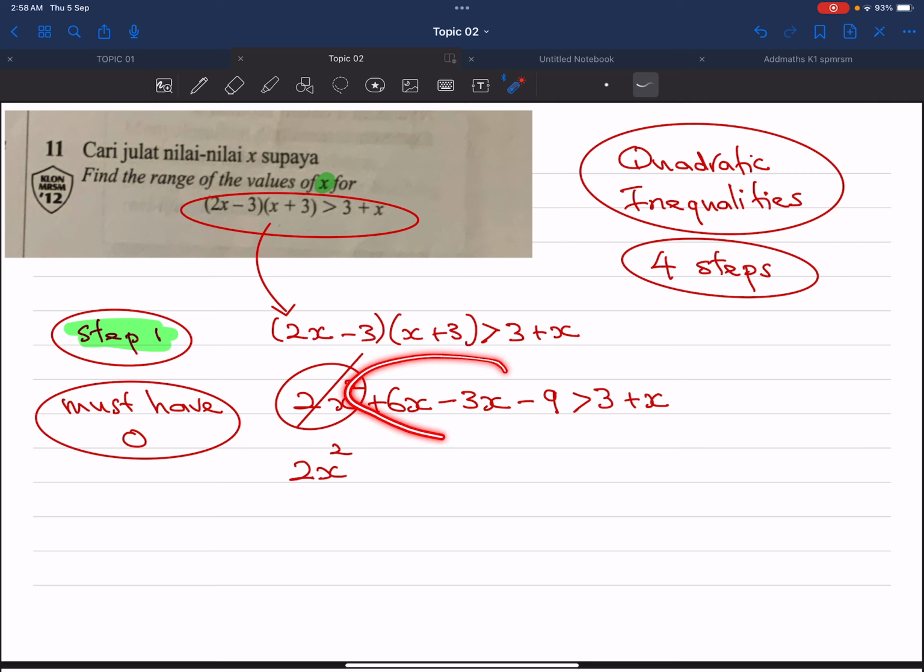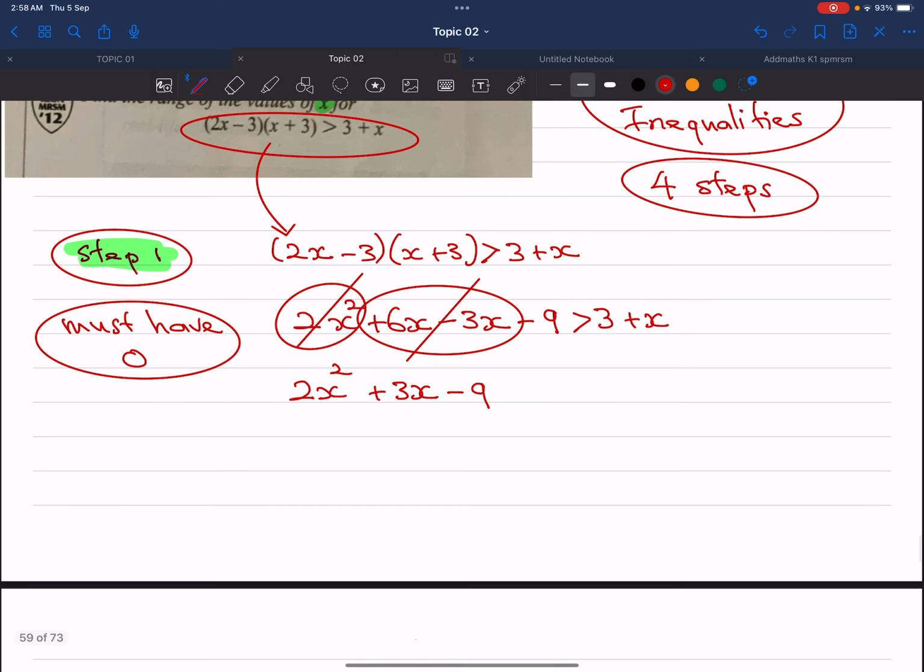That is 6x minus 3x, I would get plus 3x. So this part is also settled. And then minus 9. Again, right hand side, I'm going to copy back more than 3 plus x.